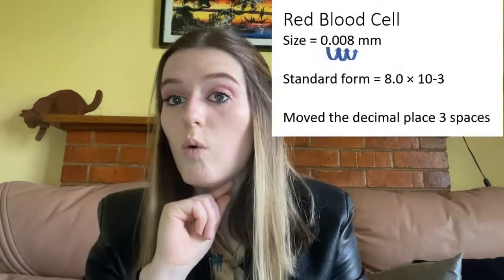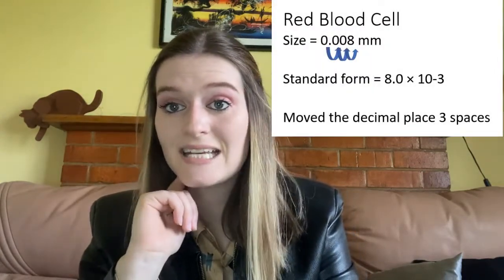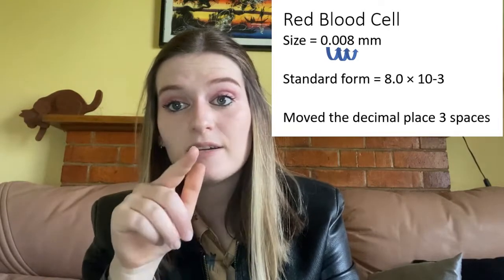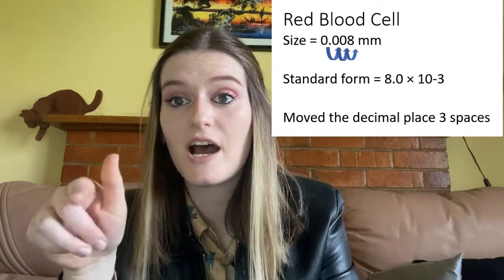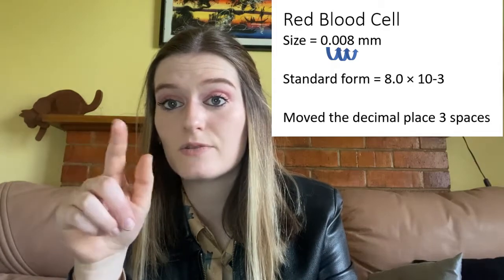So what we do is we convert these into a standardized form. When we convert these into a standardized form, what we're trying to do is get rid of that decimal place. So if we know a red blood cell is 0.008 millimeters, what we can also call that is 8.0 times 10 to the minus 3.